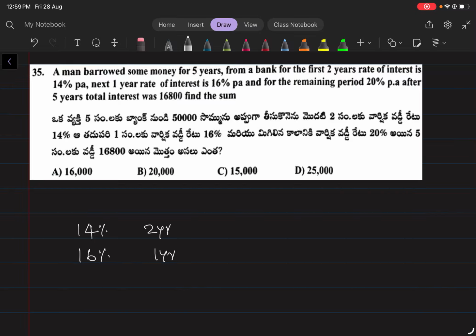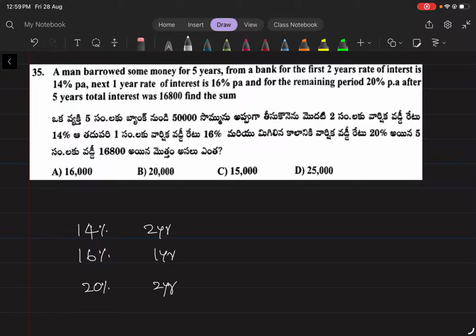And for the remaining period, 20%. Total is 5 years: 2 years gone, 1 year gone, 3 years gone, so 2 more years at 20% interest rate. After 5 years, the interest was 16,800.